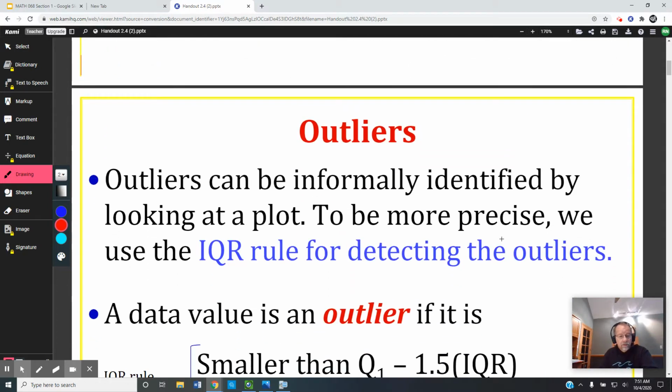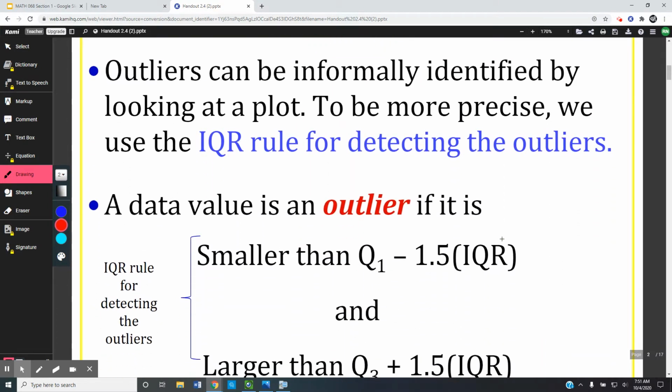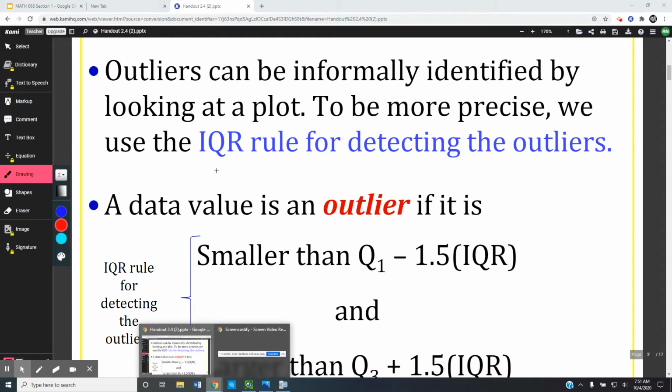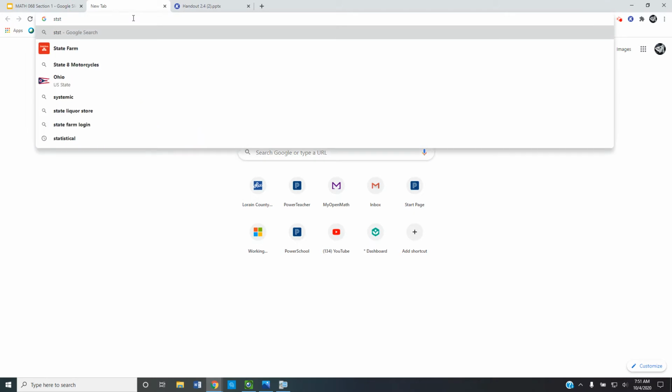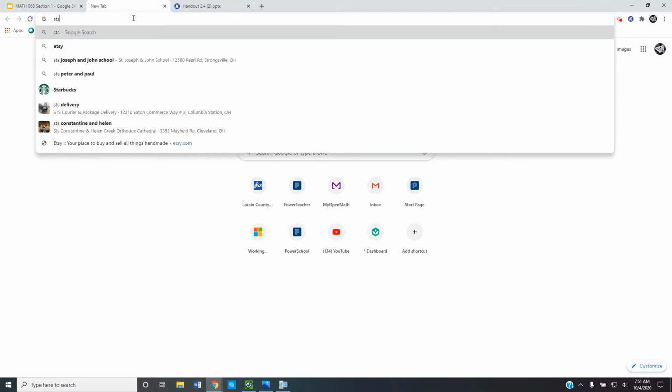All right, so let's see what we got here. An outlier can be informally identified by looking at a plot. To be more precise, we use the IQR rule for detecting an outlier. I can show you in StatKey.